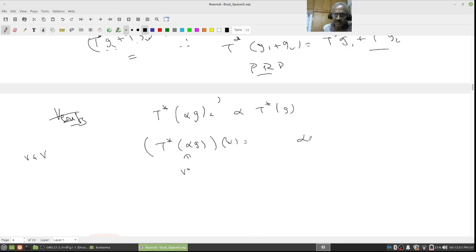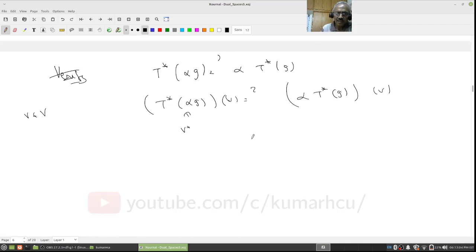See, I am writing all these things, don't get confused. But what is this by definition? This is alpha G composite T of V, that is alpha G acting on TV, right? But what is this? This is again alpha T star of G acting on V.